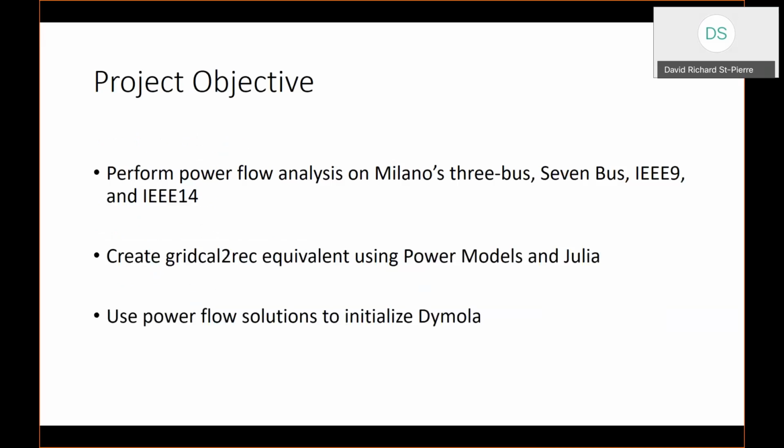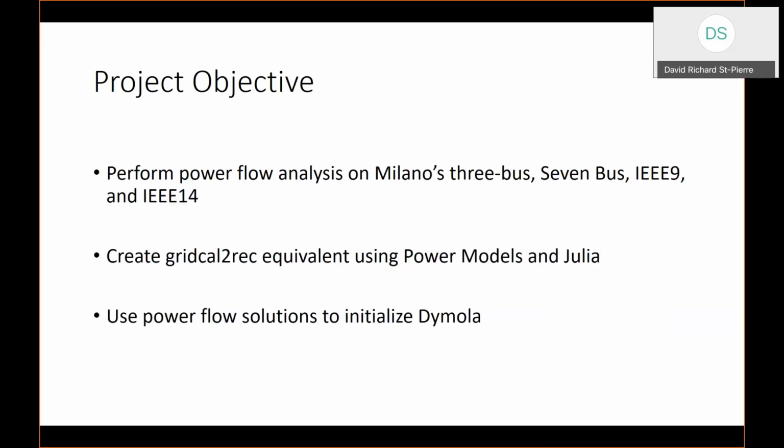So first, to discuss the project objective, the first task was to perform a PowerFlow analysis on Milano 3-bus, the 7-bus system, IEEE 9, and the IEEE 14 bus. I also performed some PowerFlow simulations on the Nordic 44 bus, and those will be discussed in the presentation later on.